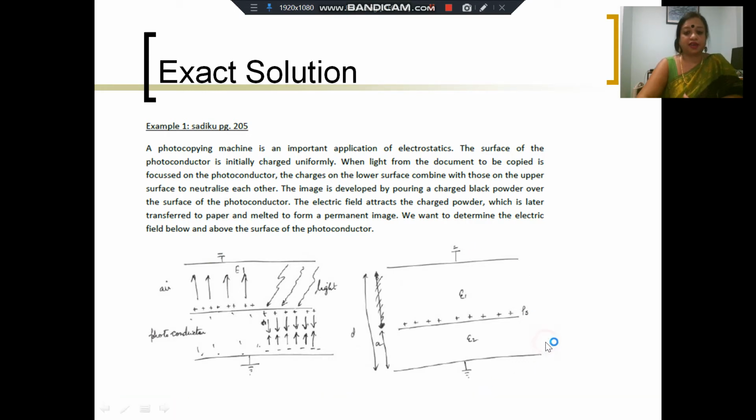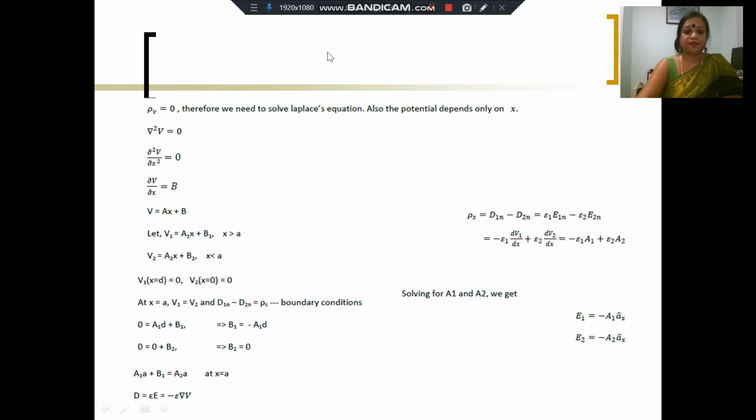In this scenario, I would like to solve Laplace's equation analytically to obtain the exact solution for the electric field in both the materials. Now, since there is no volume charge density, we will not need to solve Poisson's equation, we only need to solve Laplace's equation.